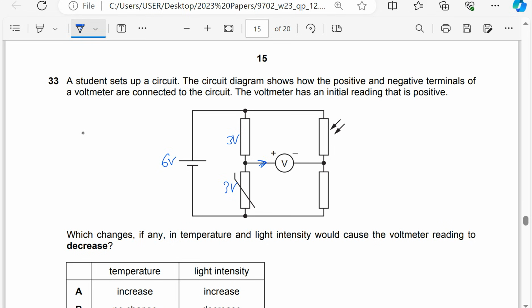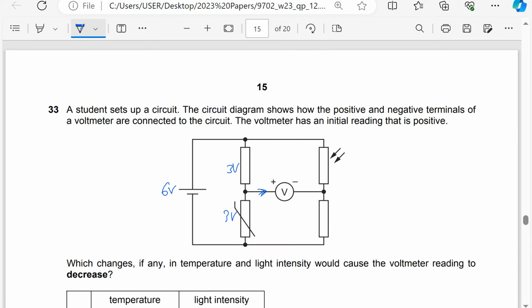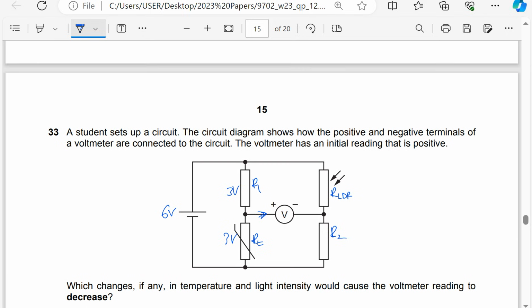So since the voltmeter has an initial reading that is positive, it means initially I'll call this one the resistance of the thermistor, and I'll call this one the resistance of the LDR. I'll call this one R1. I'll call this one R2.